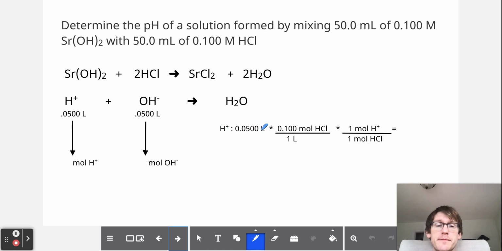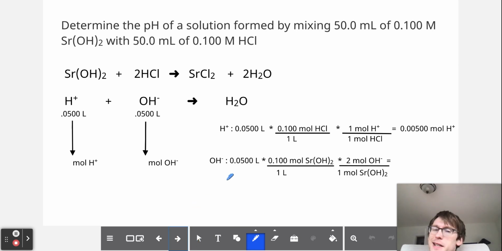With the H+, I've got my volume, I've got my molarity of the HCl, and I know that for every mole of HCl, there's 1 mole of H+. This is because HCl is a strong acid, and I get exactly 1 mole of H+ for every mole of HCl. And so that comes out to 0.00500 moles of H+.